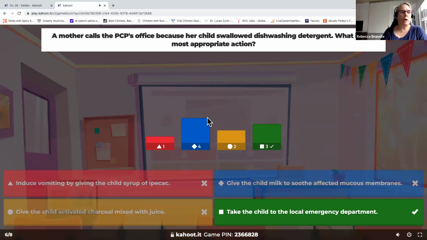Yeah, so the best thing to do is go ahead and bring them into the emergency room. You're not going to have the parents inducing vomiting at home or doing anything like that. This needs to be done in the emergency room, and you don't want to soothe their mucous membranes. You don't know how much they took, and dishwashing detergent can be caustic, so it's best for them to come in.